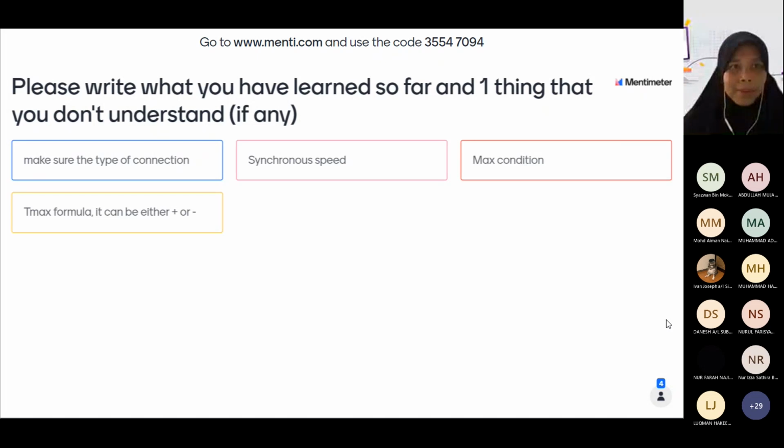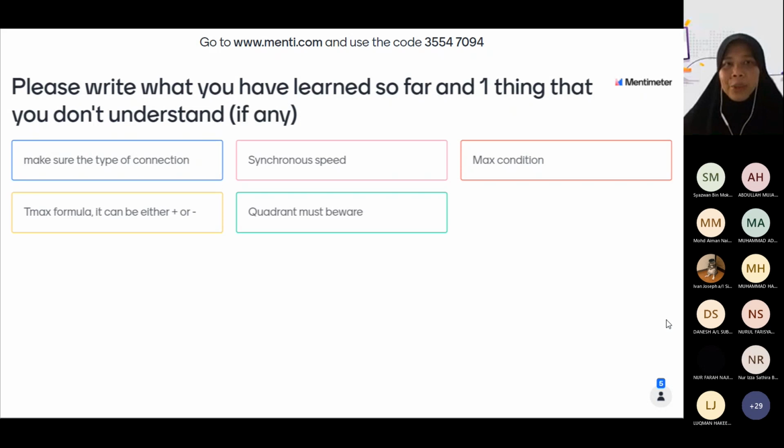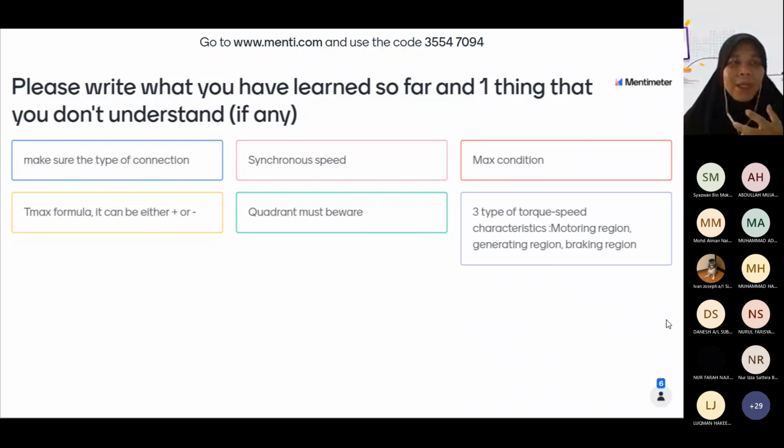T-max formula can be either positive or negative based on the region of operation. Kalau soalan tu kata motoring region, you can use yang without the negative. Kalau dia kata regenerative braking region, means that it's generated power back to the source, itu formula dia yang negatif tu.